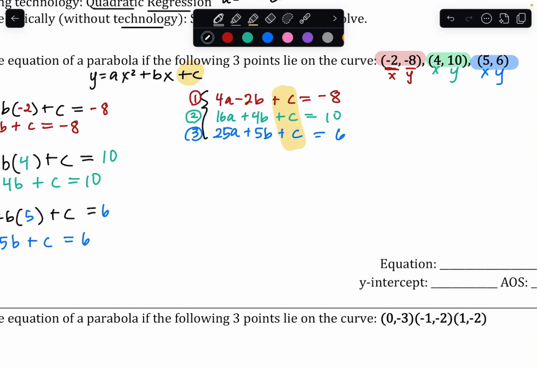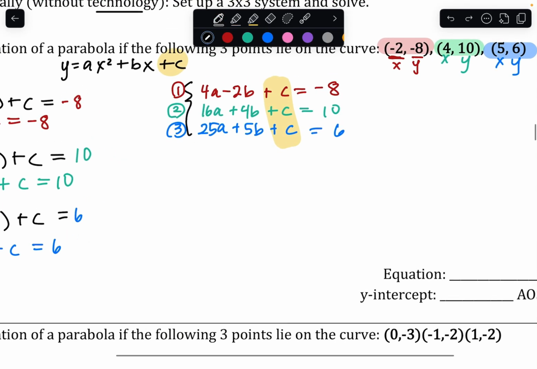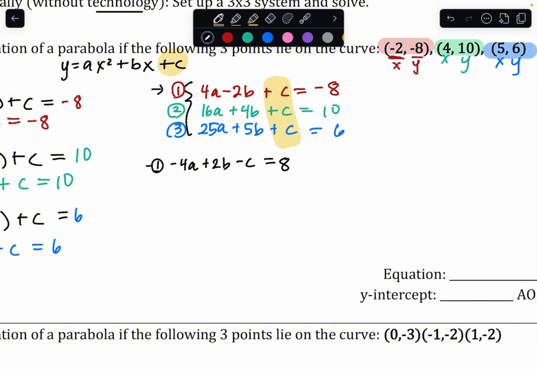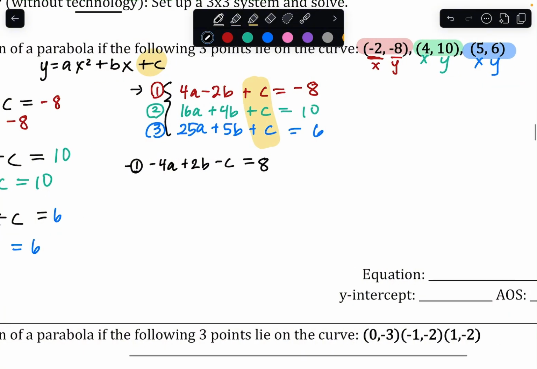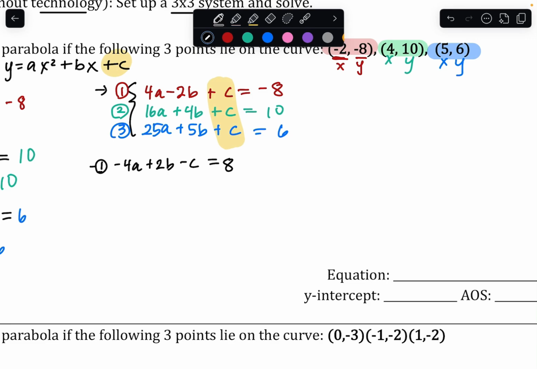Okay, and so now, since every equation has a c, pick one of your equations. I usually pick the one with the smallest numbers and make it negative. So I'm going to pick equation 1 and multiply it by a negative. Flipping everybody's sign, I now have -4a plus 2b minus c equals 8.